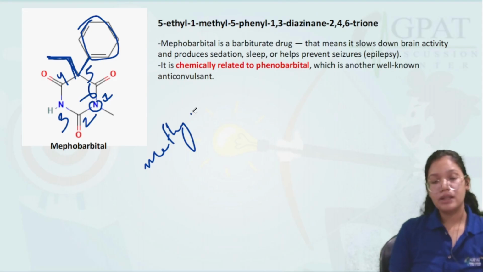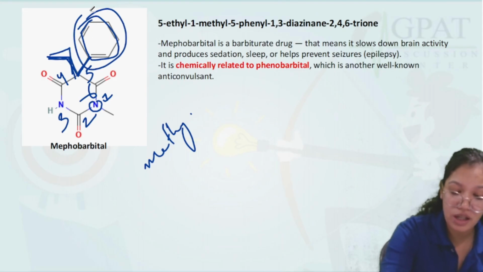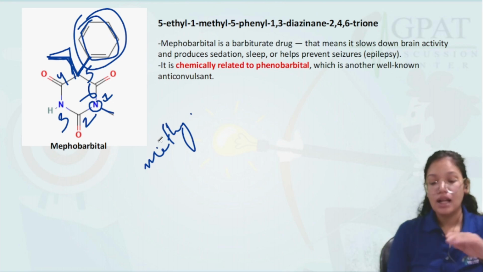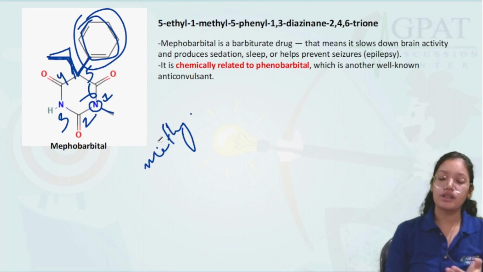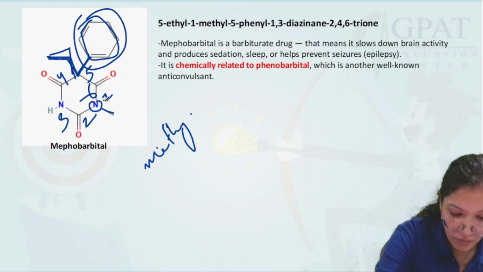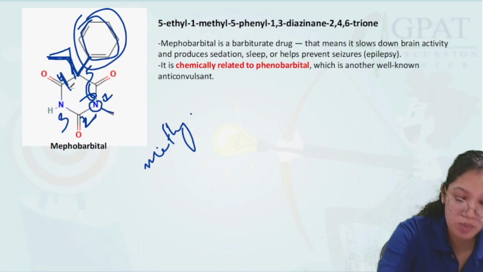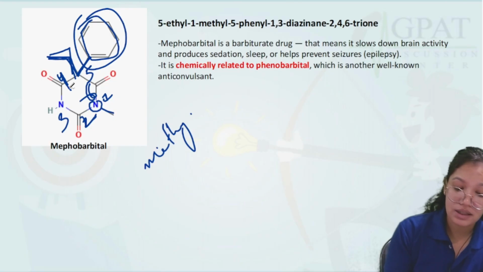So it can be said: ethyl at 5th position, phenyl at 5th position, methyl at 1st position. And this barbituric acid nucleus can also be called as having the trione group at the 2nd, 4th and 6th positions. So that is the methylbarbital.